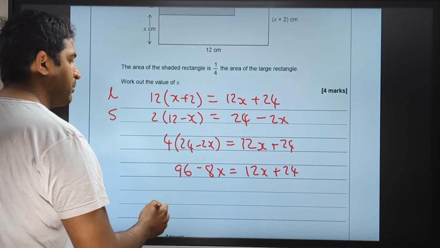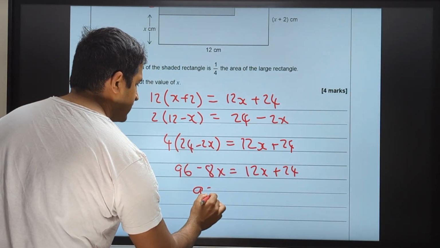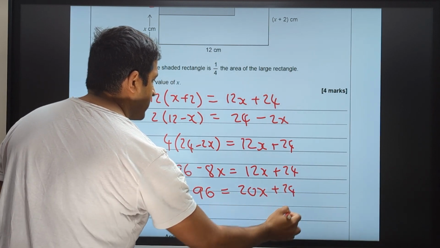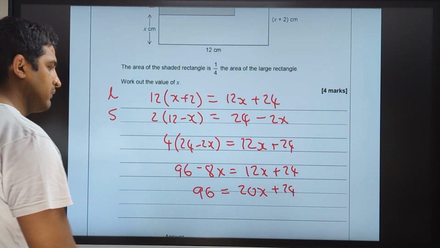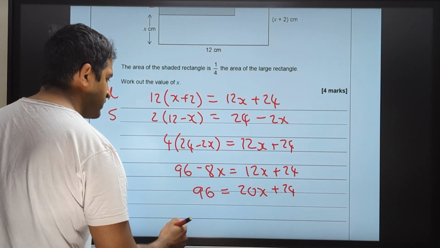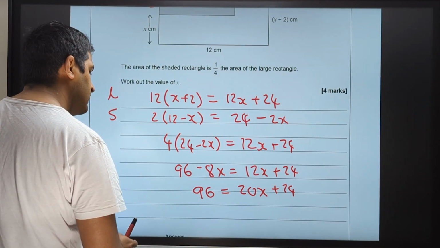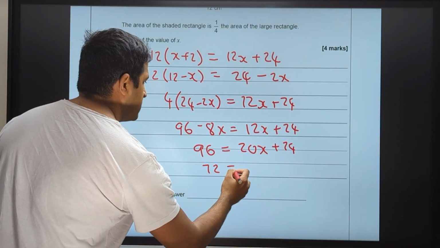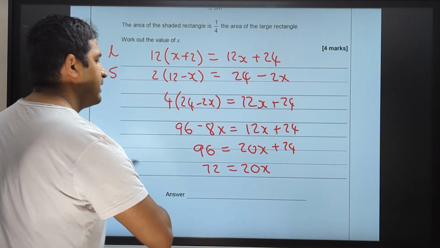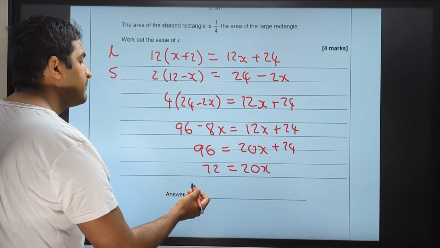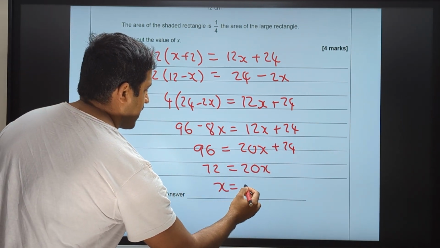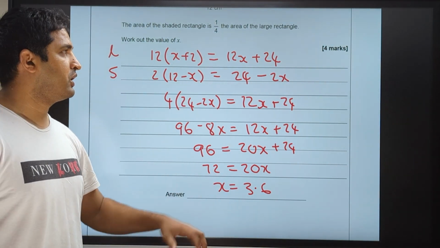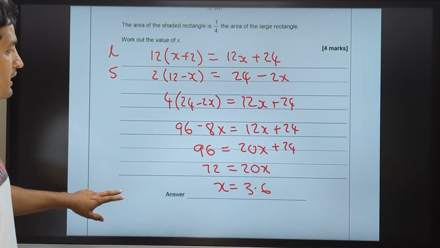Add 8x to both sides of the equal sign, we get 96 equals 20x plus 24. Take away 24 from both sides, we get 72 equals 20x. Divide both sides by 20 and we get x equals 3.6, and that's done for us.